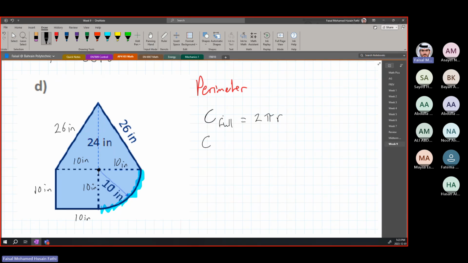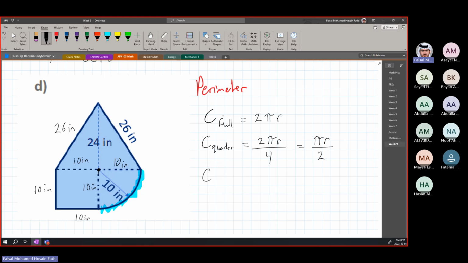So circumference of a quarter of a circle, we're dividing by 4. So it's going to be 2 pi r divided by 4 because we want a quarter of it, which is equal to pi r over 2 if we simplify. So that's the circumference, and we'll do the exact same thing for the area later on. We just divide it by 4.